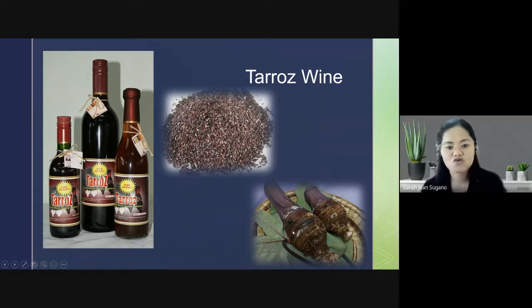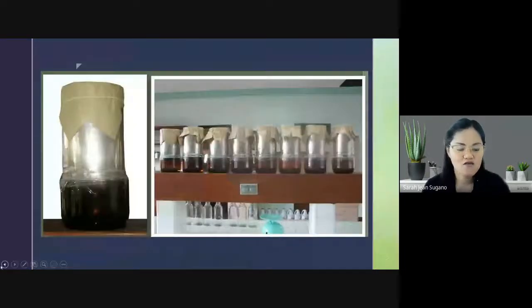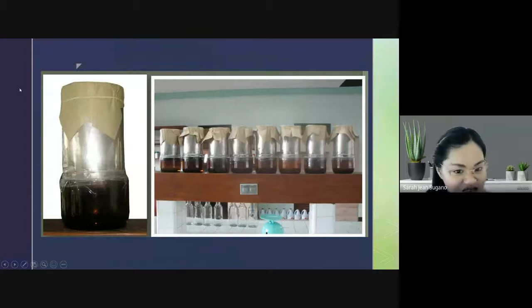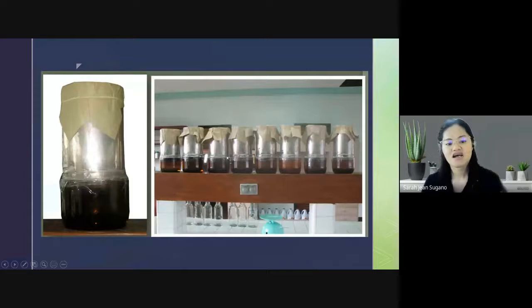And then in the production of the Taro's wine, the substrates are the sticky black rice and also the VG9. So what we did here is that we used this fermentation vessel. This is one of the projects that I handled and experimented.